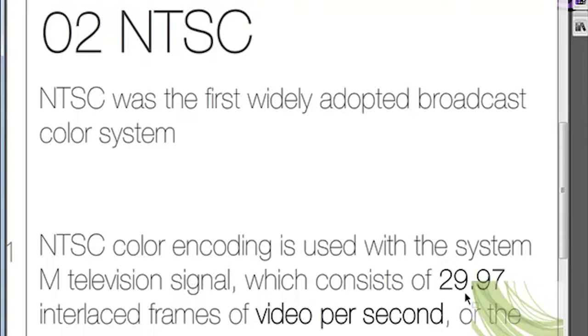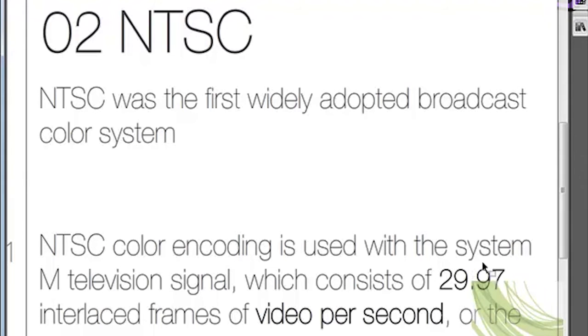Basically, it runs at a frame rate of 29.97 frames per second. If we consider video in its raw form as still imagery, NTSC will run these still images at 29.97 frames per second and stitch them all together to make one smooth video.